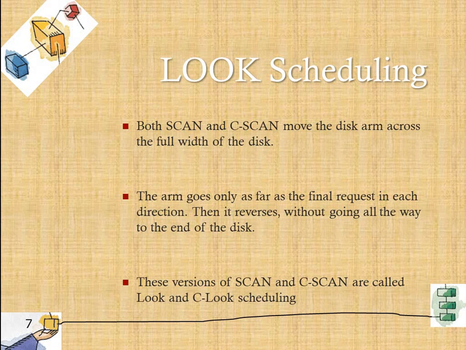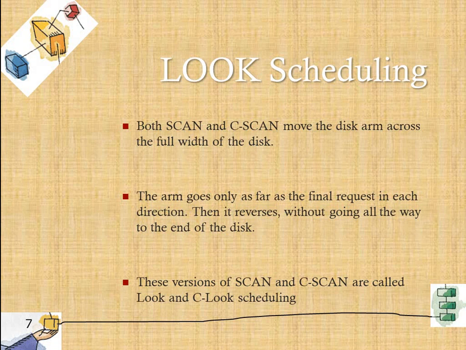So again we are going to see an example to make it more clear. In LOOK scheduling, the arm goes only as far as the final request is served in each direction, instead of going to the extreme end position, that is the start of the disk or the end of the disk.